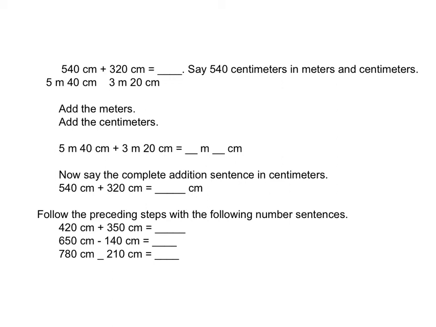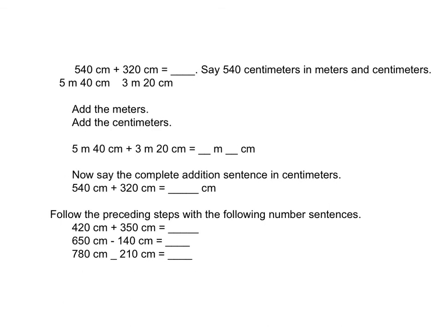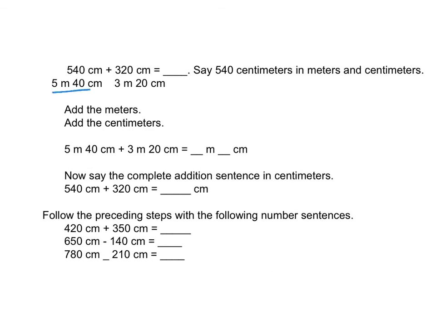In your head, instead of saying 540 centimeters, I want you to say that in meters and centimeters. So 540 centimeters is 5 meters, 40 centimeters. And 320 centimeters is actually 3 meters, 20 centimeters.